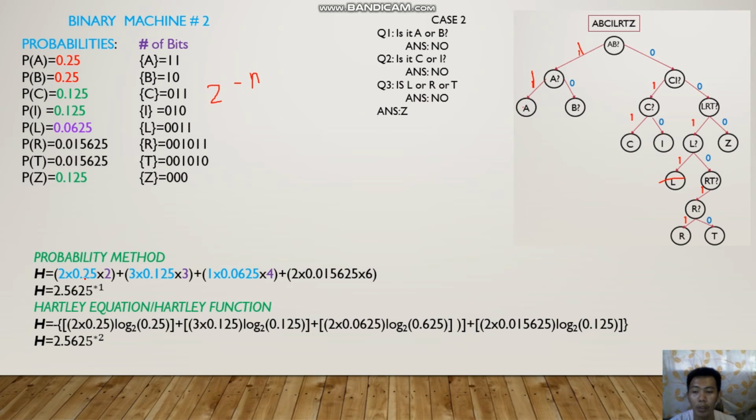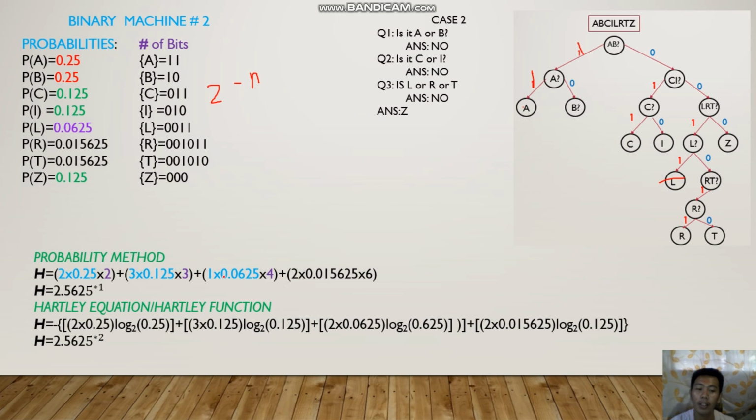So the same procedure using the probability method, solving for entropy or eta: 2 times 0.25 times 2, we have 0.25 here. It occurs 2 times and has 2 bits. Same, 3 times 0.125, it occurs 3 times and we have 3 bits. 1 times 0.0625 times 4, it occurs once and has 4 bits. 0.015625 times 6, 6 bits, and it occurred 2 times.